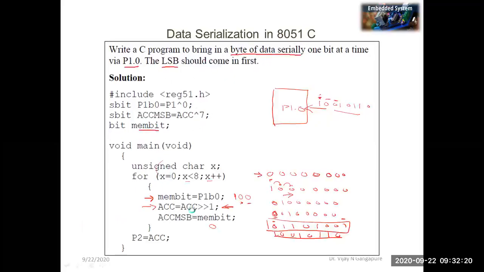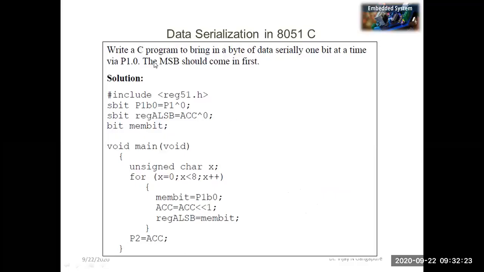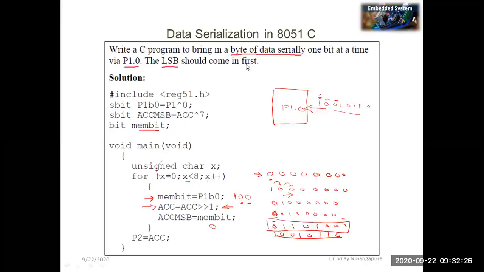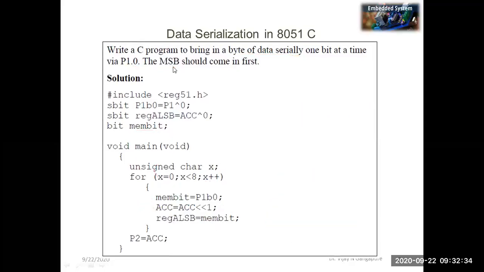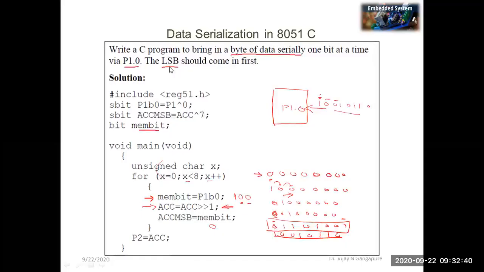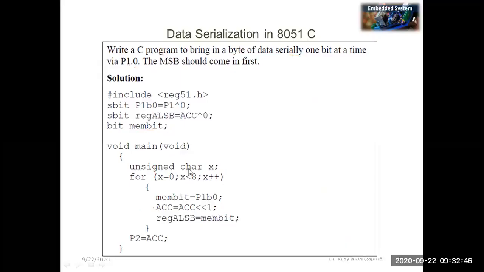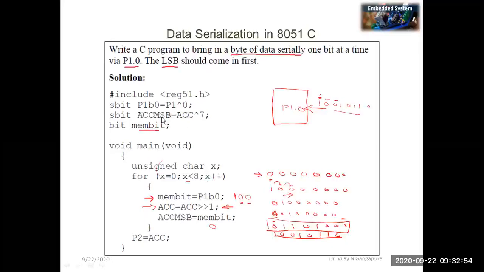This program and the previous program are the same, but the only difference is that in the previous program the LSB should come in first. Whatever first bit we receive on port 1 pin number 0 was the LSB there, and in this program we are assuming that bit will be the MSB. Now see the difference. Here ACC MSB we were declaring as pin number 7 of the accumulator.